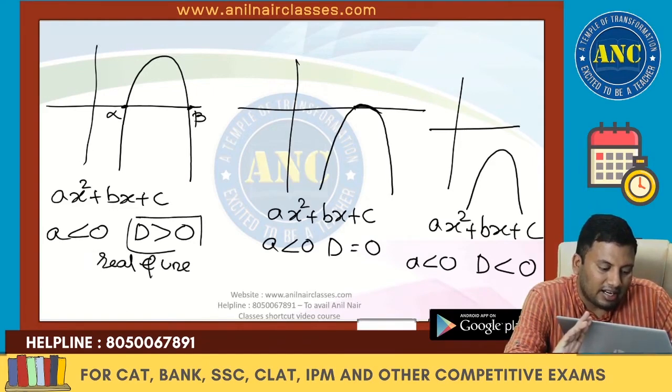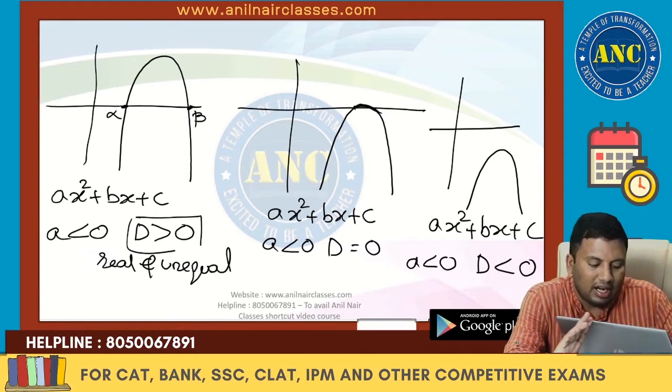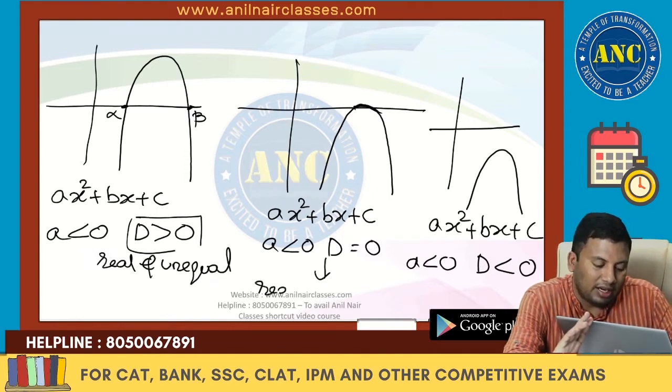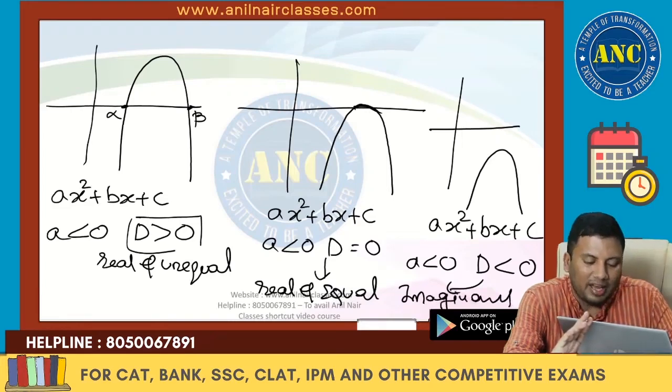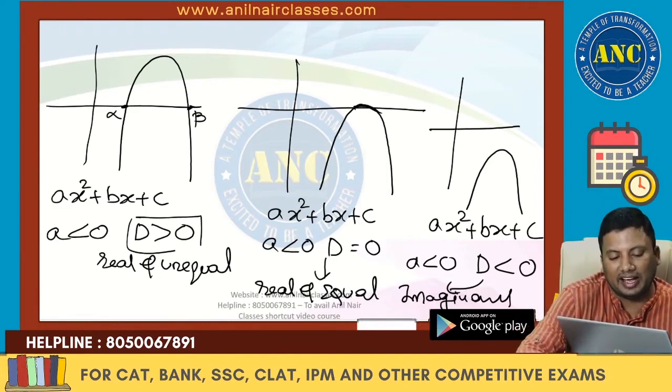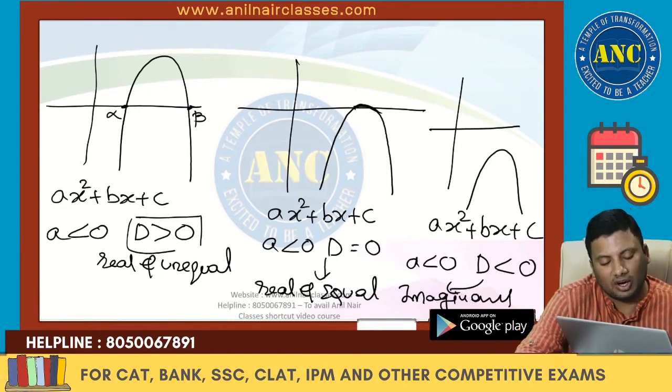D equal to 0 means real and equal. D is less than 0 means roots are imaginary. Imaginary roots will never cut the axis. Imaginary points cannot be plotted on a coordinate axis.